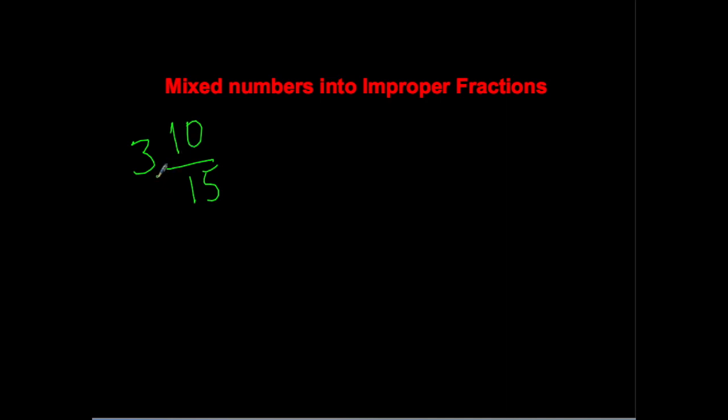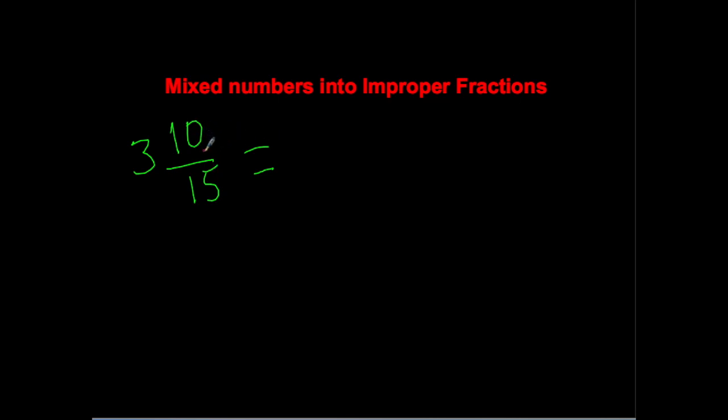Now let's look at this mixed number, 3 and 10 over 15. Before we convert this mixed number, this is the quotient, and this is the proper fraction. The fraction can be simplified, so we need to simplify this first. What number can go into 10 and 15 evenly, meaning that when we divide them, we will get a whole, non-decimal number?